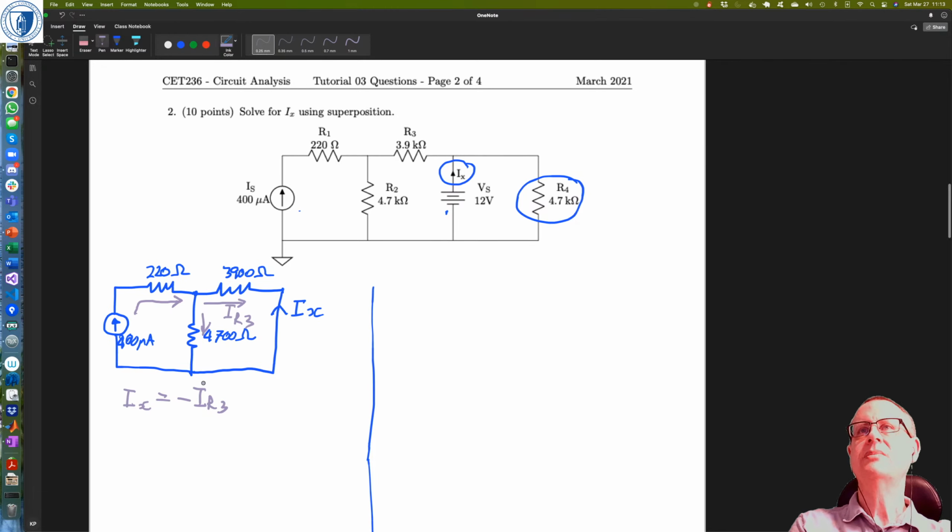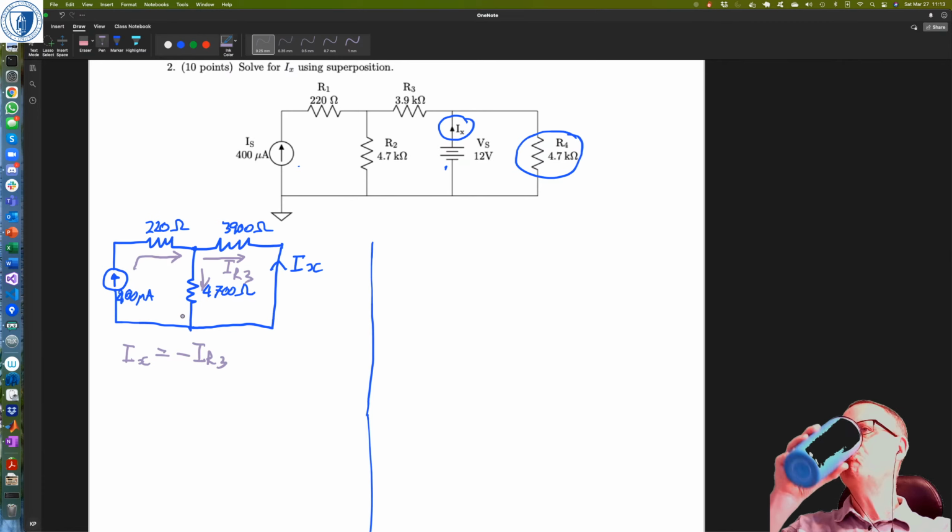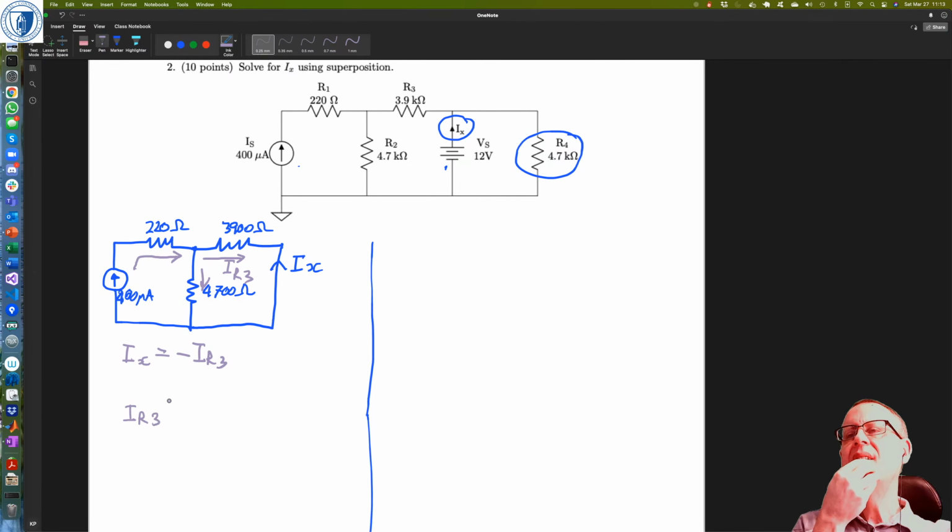Okay? So that sort of works. So now what? How do we get IR3? Well, IR3 is equal to, and it's a current divider, so we need the resistance in the other branch, so it's 4700 divided by 4700 plus 3900, okay, times IS.